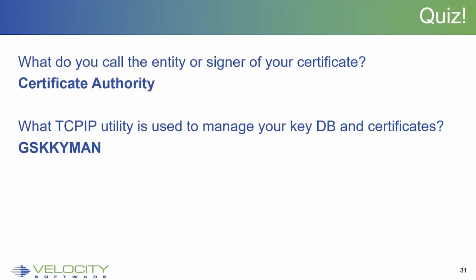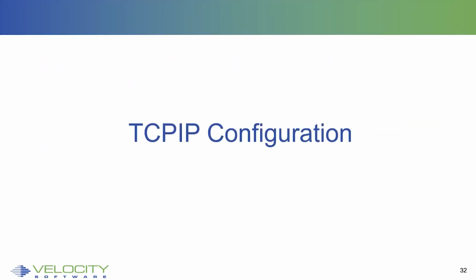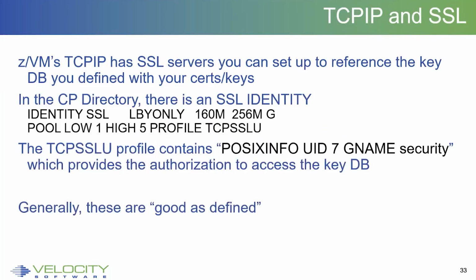Very good. Now that you have your certificate all set in your key database, you want to be able to use it. So on your z/VM system, it's through TCP/IP configuration. On your system, your TCP/IP has SSL servers already defined that you can set up to reference that key database.